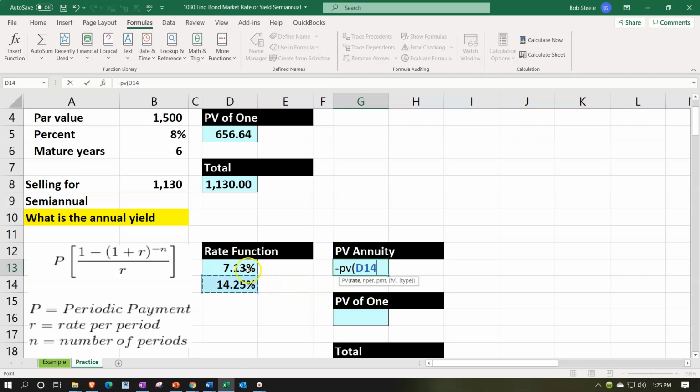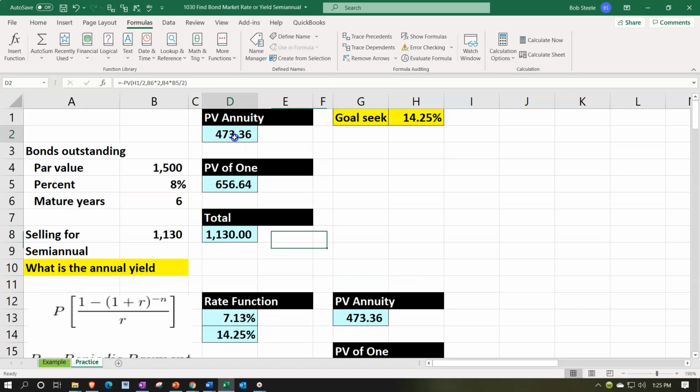I could pick up basically the rate per period, which is the 7.13, but I'll pick up the yearly rate again divided by 2, which would give us that 7.13, comma, the number of periods, which is going to be 6 times 2, comma, and then the payment, which is going to be the 1,500 times the 8% divided by 2, and then enter.